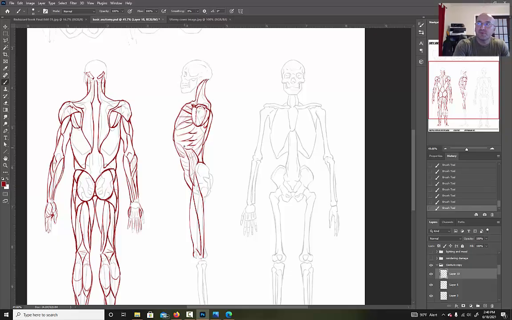Your hip flexor is up in here too as well. You've got, this is cartilage and fascia here. Then you have your gluteus minimus and the gluteus maximus. And then your bigger muscles here are the hamstrings.